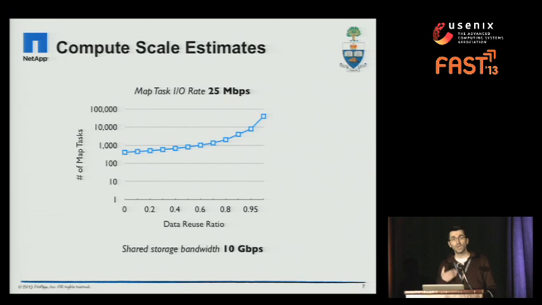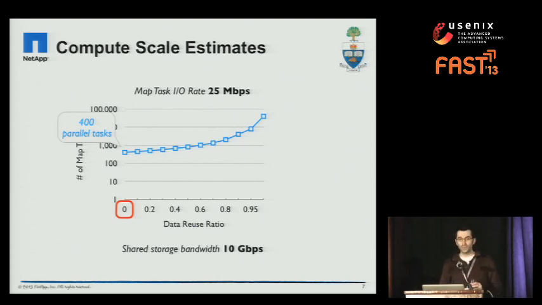To give you a better feel for what these numbers mean, if there's no reuse in my trace, so there's no overlap across the jobs in the system and I'm not utilizing the cache at all, then the number of parallel map tasks that I can sustain with such a cache plus enterprise storage architecture is 400, solely from the enterprise storage system. So that's 10 over 25.